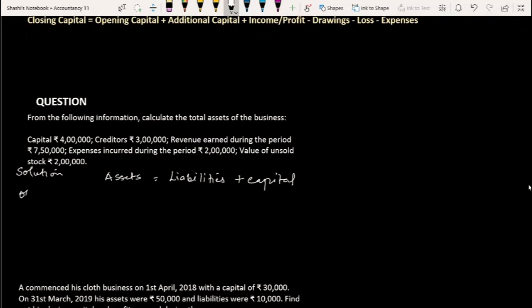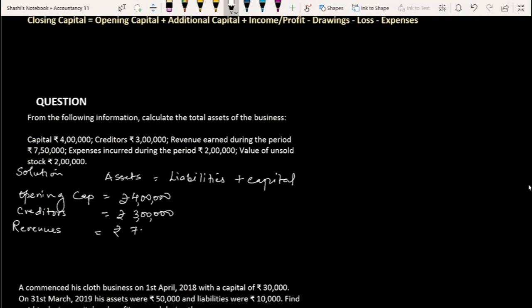So let me write here, opening capital is given as rupees 4 lakh, and the creditors are given as rupees 3 lakh. Revenues again are to be added to the capital.